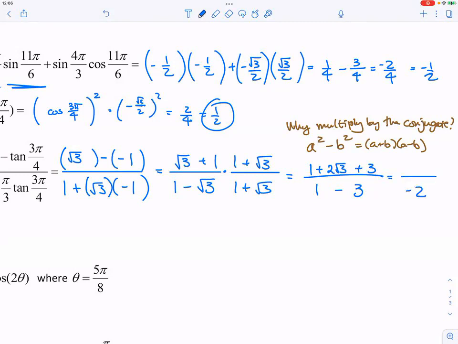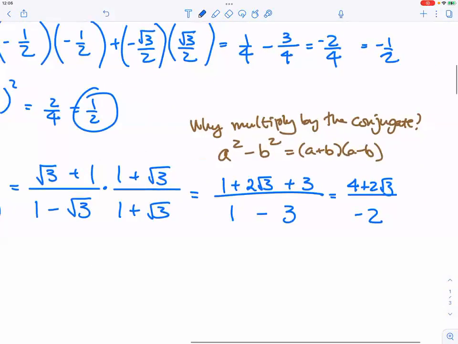So you have minus 2 in the denominator, and you have 4 plus 2 root 3 in the numerator, sorry. So let me zoom in a little bit more. This is what you get after doing the FOIL. They are multiplying root 3 plus 1, 1 plus root 3.